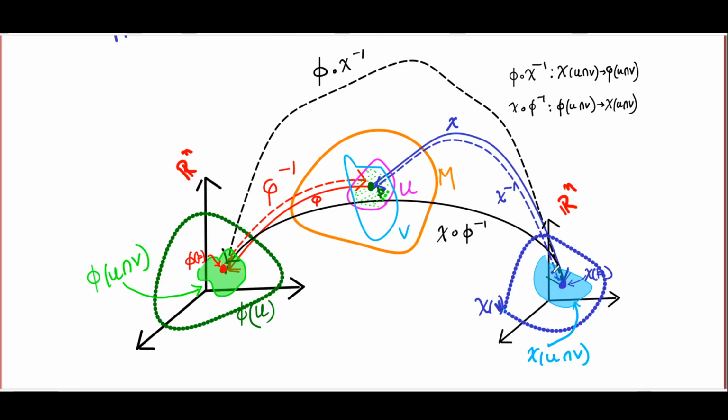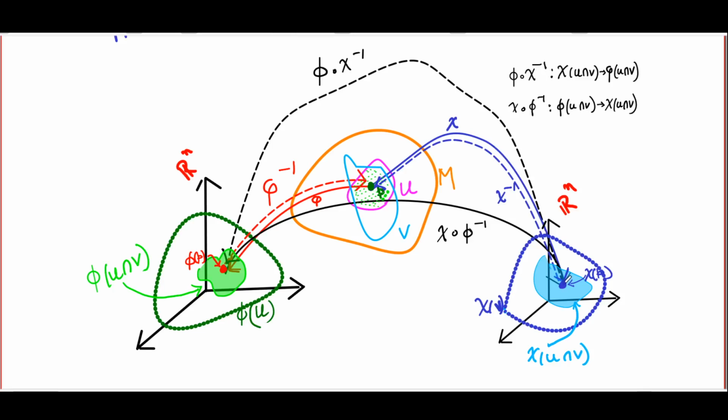Now let us take a look at our transition functions. Let's focus on phi composite chi inverse first. This function acts on this chi of U intersection V, this region shaded blue here. In particular, it can work on this point chi of P, which is inside the region.